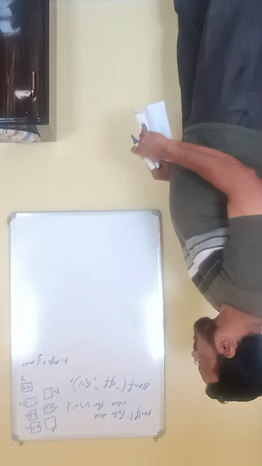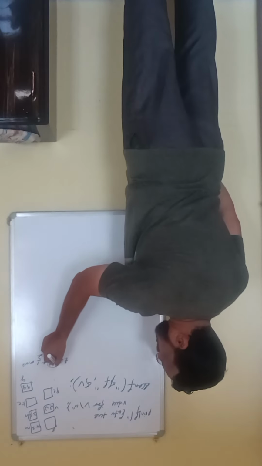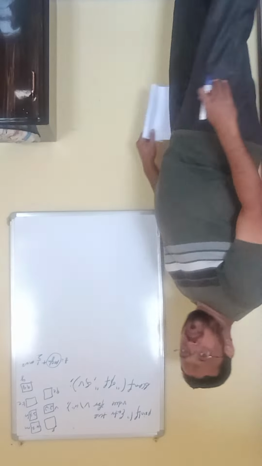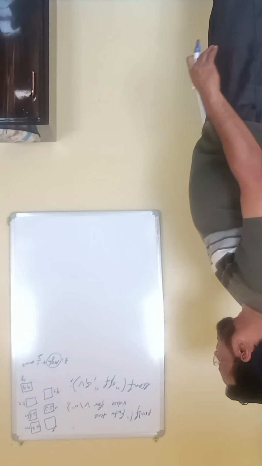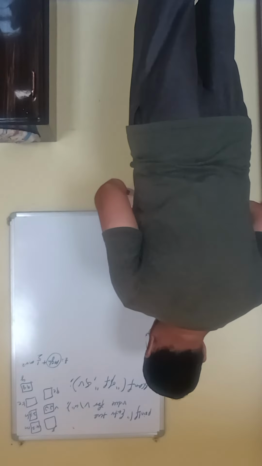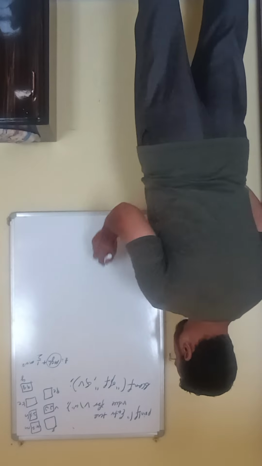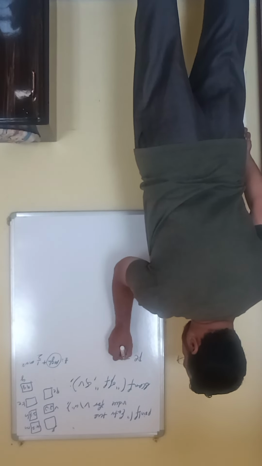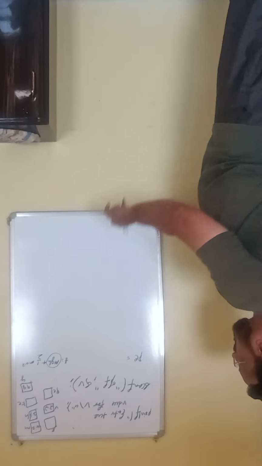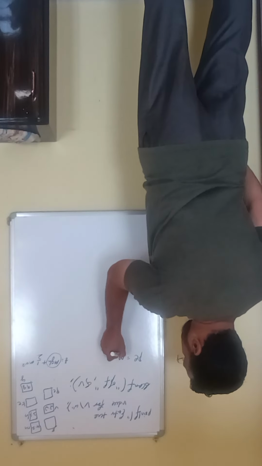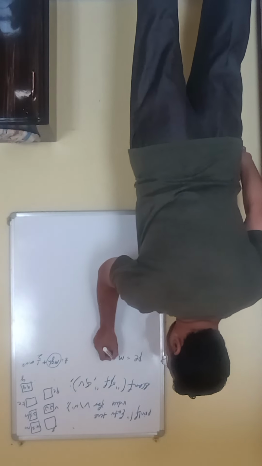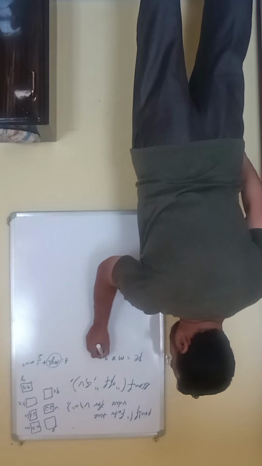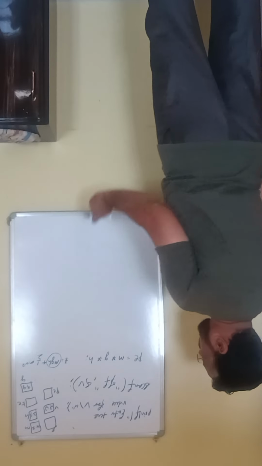So now we will add this potential energy, mgh. So PE, potential energy, is M into G into H.